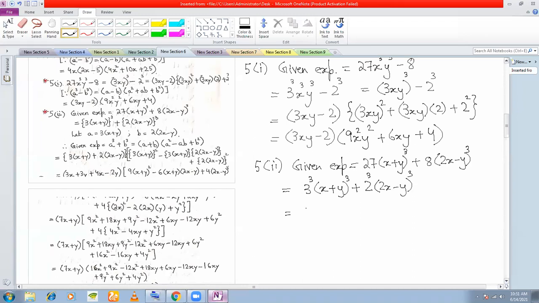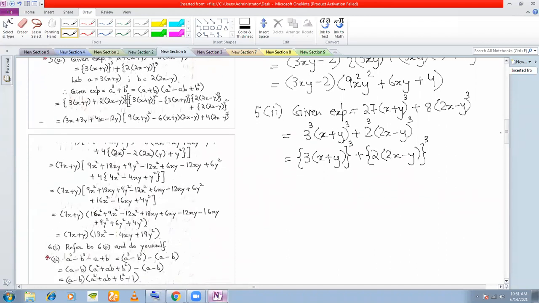So that now this can be written as thrice x plus y whole cube plus twice 2x minus y whole cube. Fine. Now the question is what to do. Now see, I have done here directly.